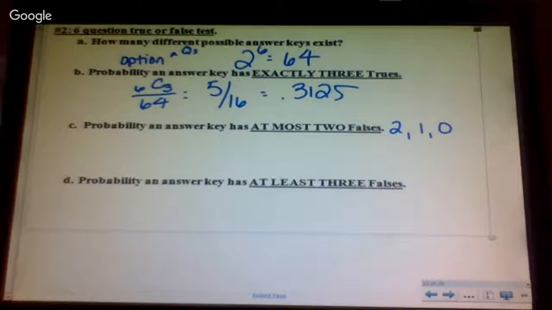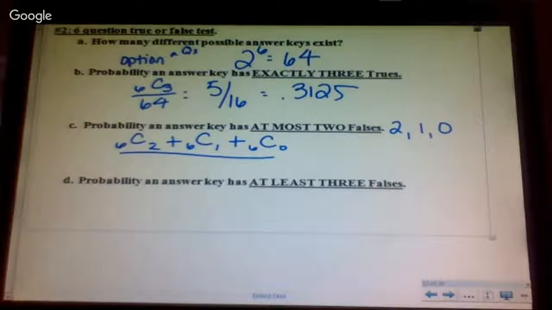So 6C2, or 6C1, or 6C0, all over 64. Again, you have to plug this in and hit equals and then divide by 64. Or if you want to plug it all in at once, put the top part in a set of parentheses before you plug it in.